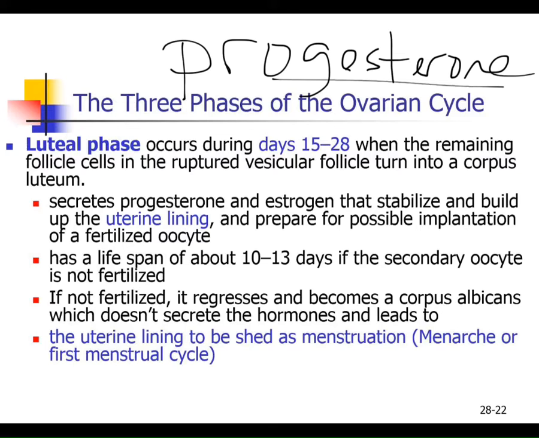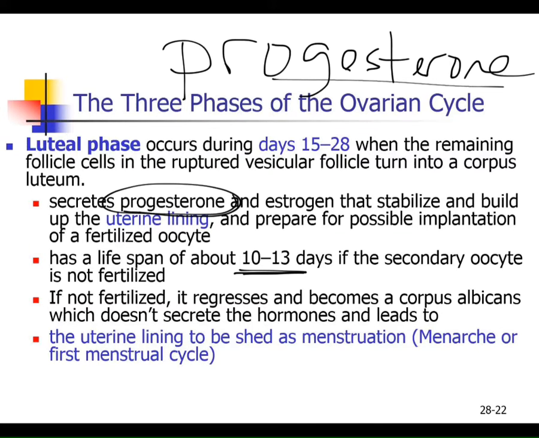Now, it's going to make that progesterone, oh, there it is, sorry. It's going to make estrogen as well, but progesterone's the big one. It's going to release progesterone for about 10 to 13 days.